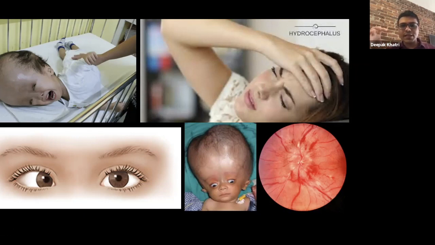But once the head size is enlarged, there's no more space, and the pressure keeps on increasing, which is not the case in adults, because after the fusion of the sutures, there's no more space in the brain to expand. So this is basically a few of the symptoms of hydrocephalus which can happen.